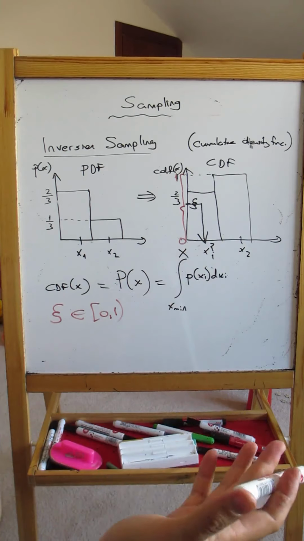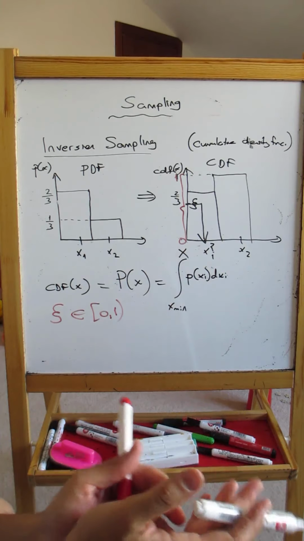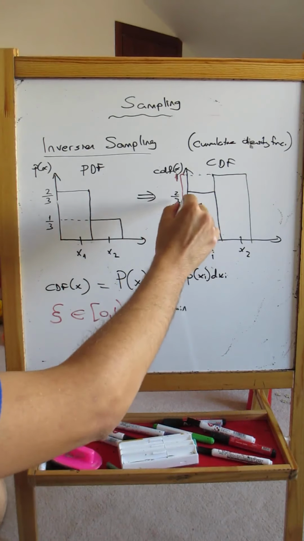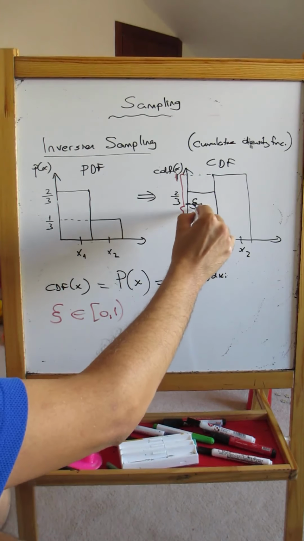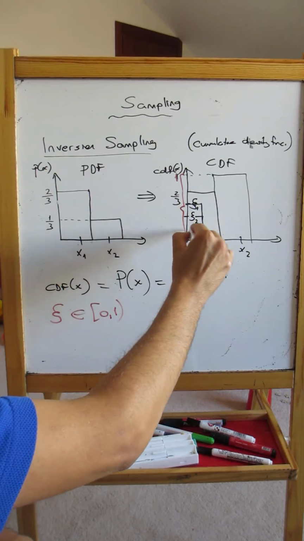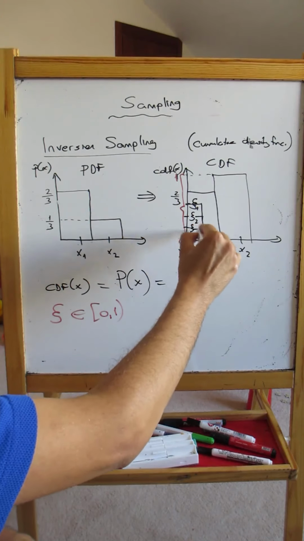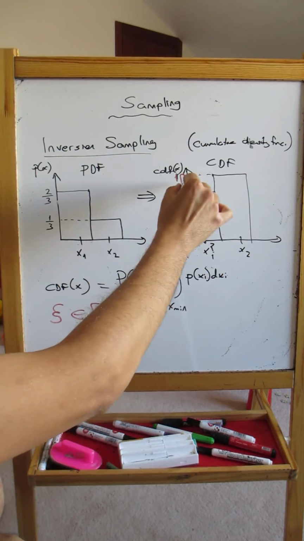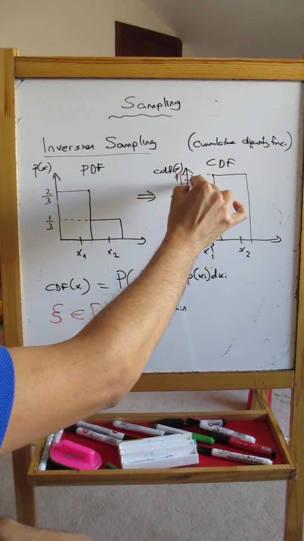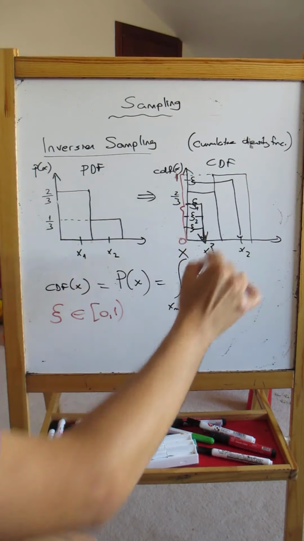So I say my sample value should be x1. So with 2/3 probability, the chi's that I generate, let's call them chi 1, chi 2, will give me x1. And with 1/3 probability, the chi's that are generated will give me x2.